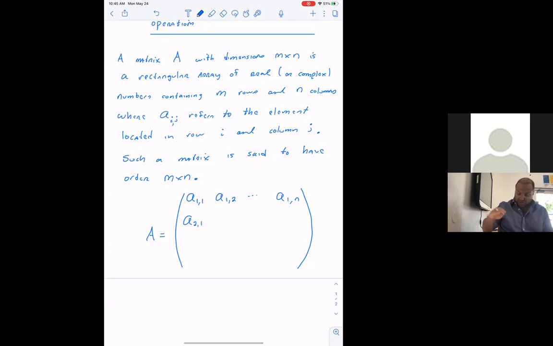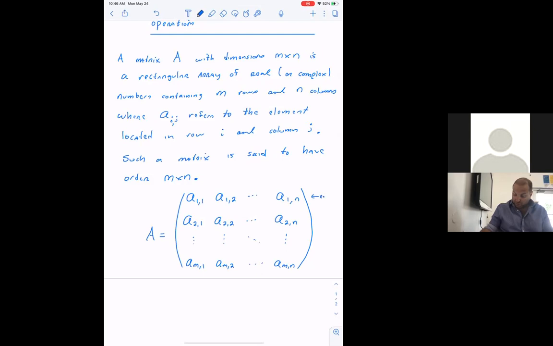A21, second row, first column, A22, second row, second column, all the way to A2n, second row, nth column, and we go all the way down to Am1, mth row, first column, all the way down to Am2, mth row, second column, and then all the way down to Amn, mth row, nth column.